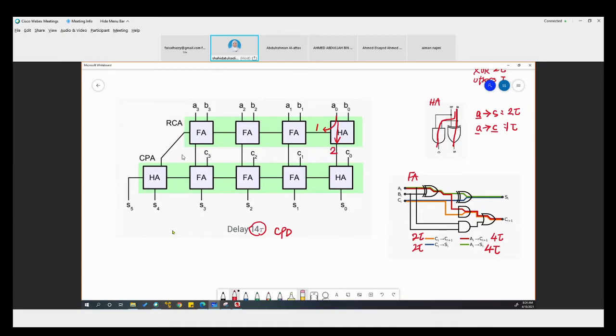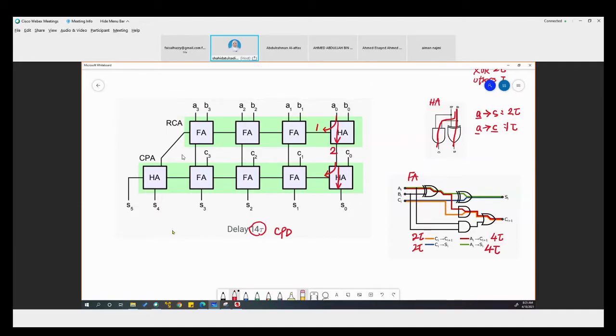Okay. And then we have another here from input to carry and from input to sum. But the input is up here. So to go to this carry, we are bringing along this delay.